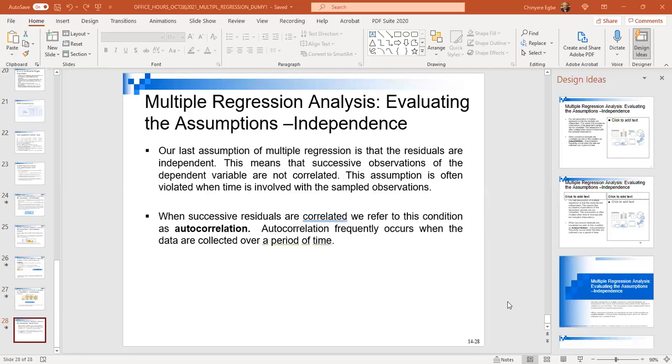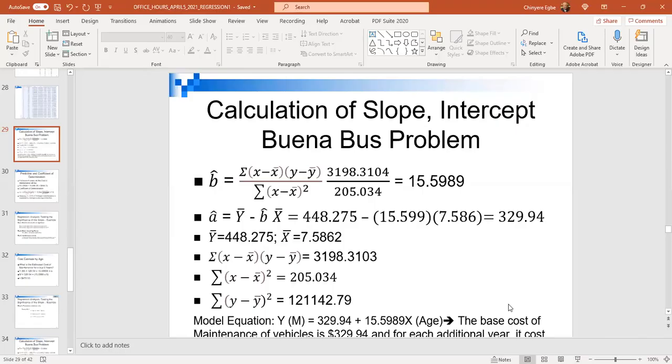Yep, PowerPoint. Got it. But this is not the one that I want to share, so I will share the right one. All right, so this is the problem.